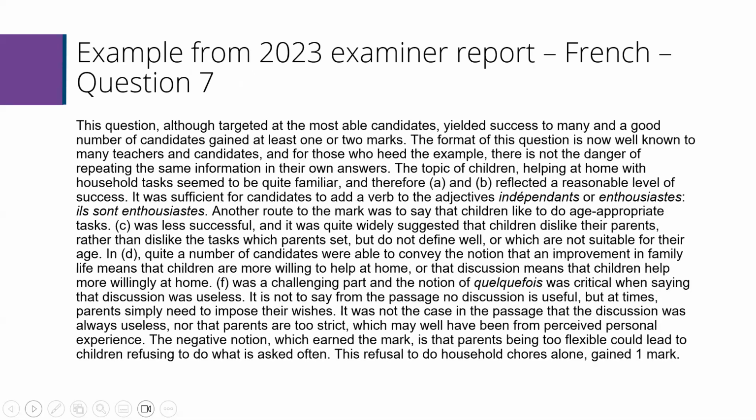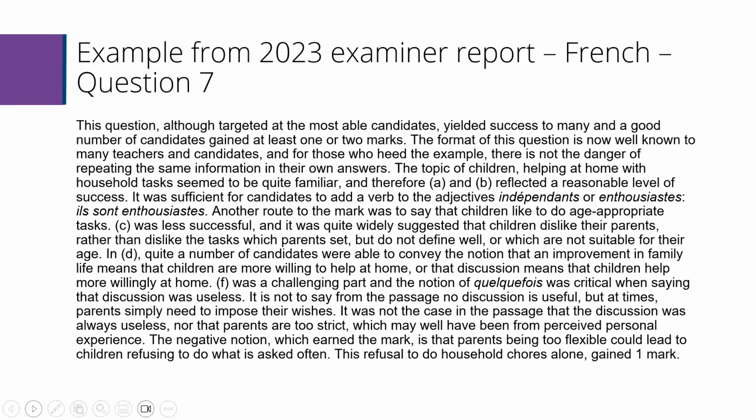And we won't spend time to read the whole thing, but this gives you an example from the 2023 examiner report on French on question 7. And that was that question, if you remember, with the positive and negative attitudes. And as you will see from that, there's an awful lot of detailed information given.